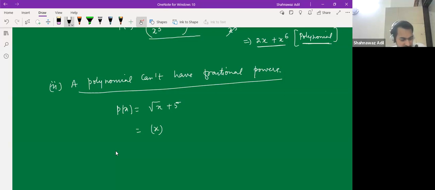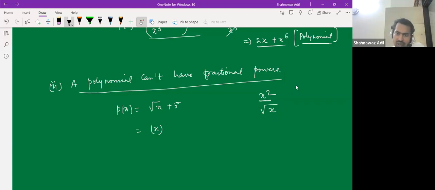If we write root in the form of power, what is the power? 1 by 2... x square is equal to root x. Both are same.